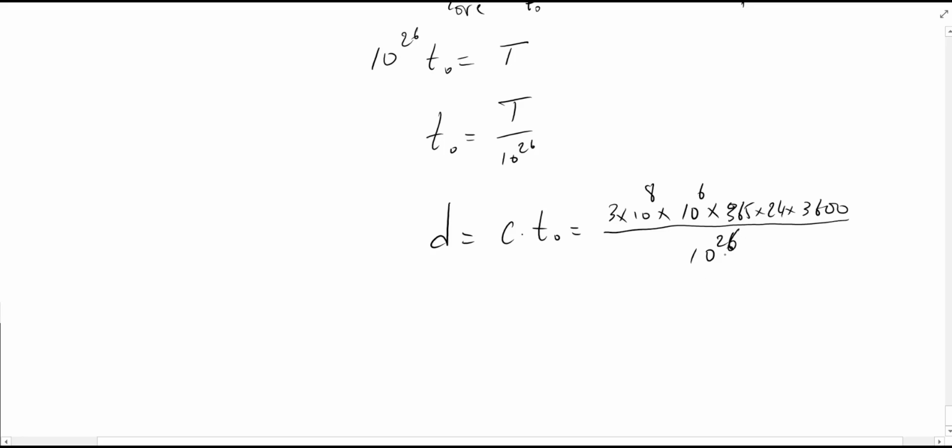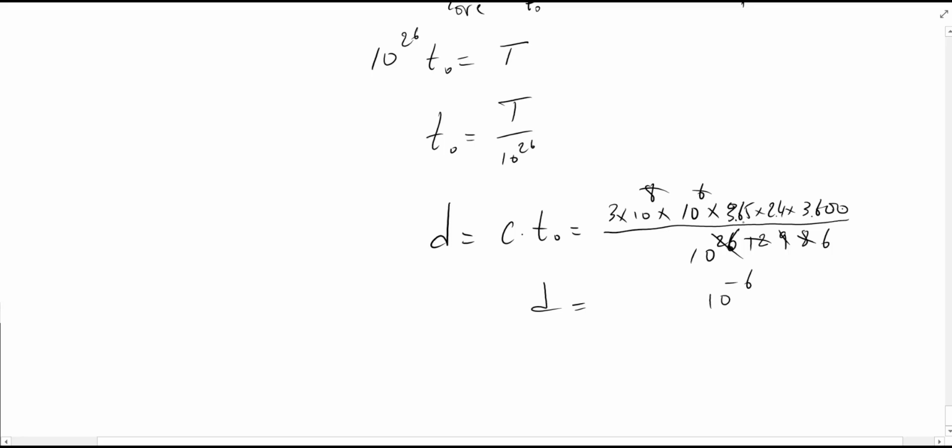Plug in all of the numbers, I'm just going to get a rough estimate again. 8 and 6, that's 14, deducted from 26, that's 12, and I have 1, 2, 3 zeros here, so I'm down to 9, and I have another one here, I'm down to 8, and I have 2 here, so I'm down to 6, and the rest of the numbers, so d in distance is going to be 10 to the negative 6 already, but I have this big number here that I have to worry about.